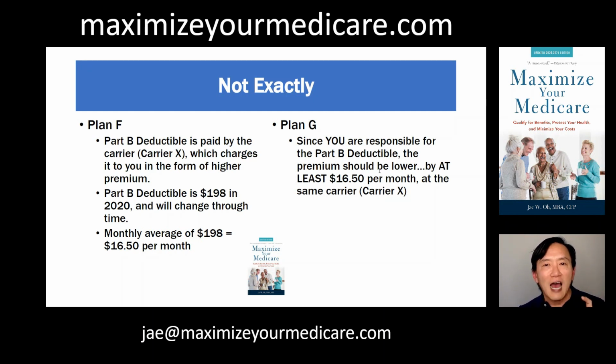However, that's not the case in real life. There is a premium difference even at the same carrier. Even at the same carrier. So carrier number 1 charges $110 for Plan G. That same carrier will be charging more than $126.50 for Plan F. Almost, I've never seen it lower than this $16.50.